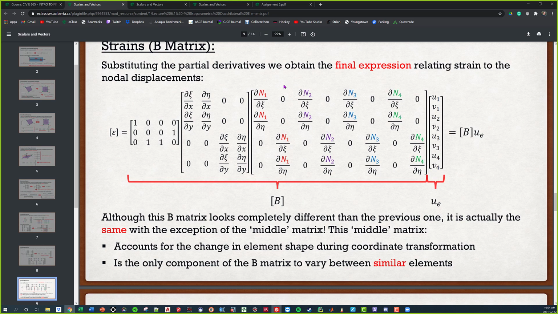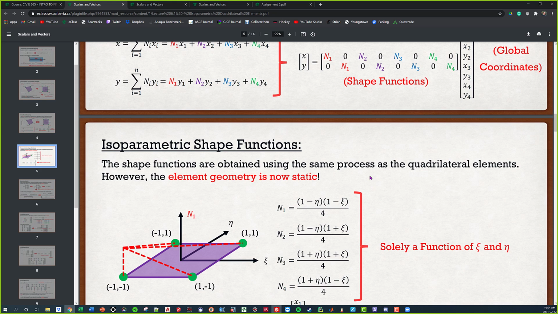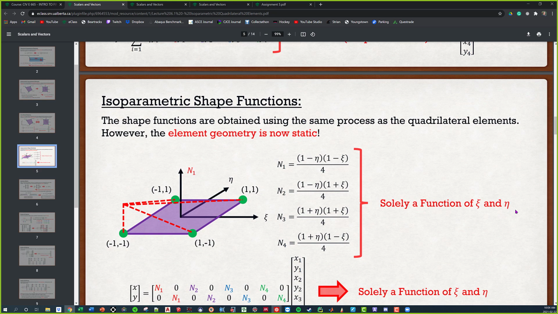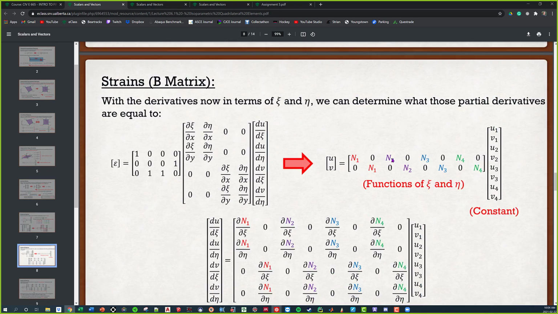If we look at our shape functions for these isoparametric elements, they're functions of zeta and eta. So we'll need to define these, but they're not dependent on the element geometry whatsoever. So we don't need to do anything for that over there.